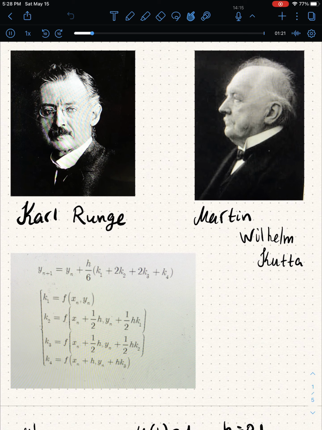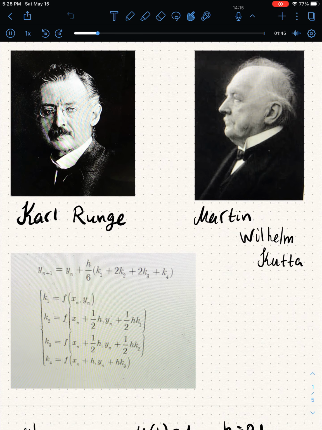You remember how in Euler's method, you just used a single derivative to approximate the next value of y, depending on the previous value of y. Now, Runge and Kutta decided to do the same, but they decided to optimize it a little bit by adding weights.